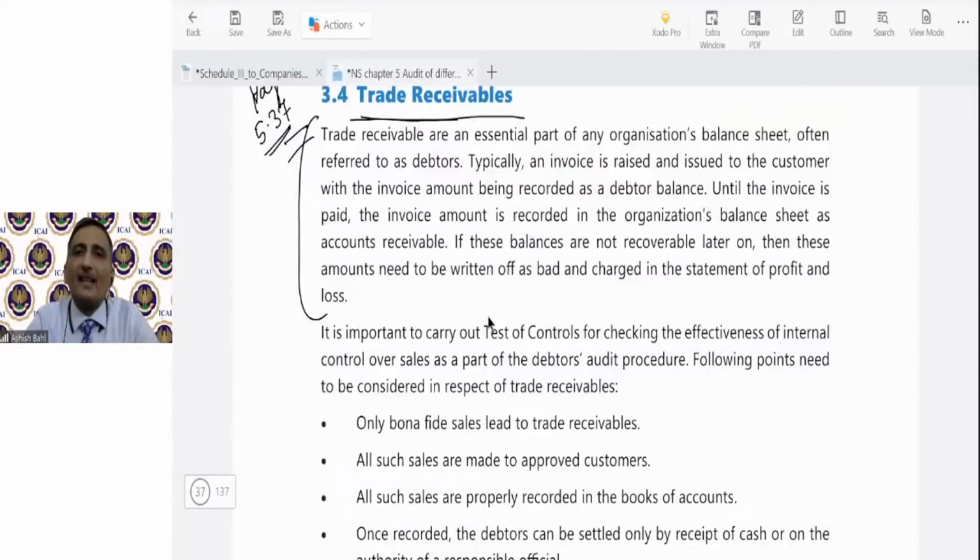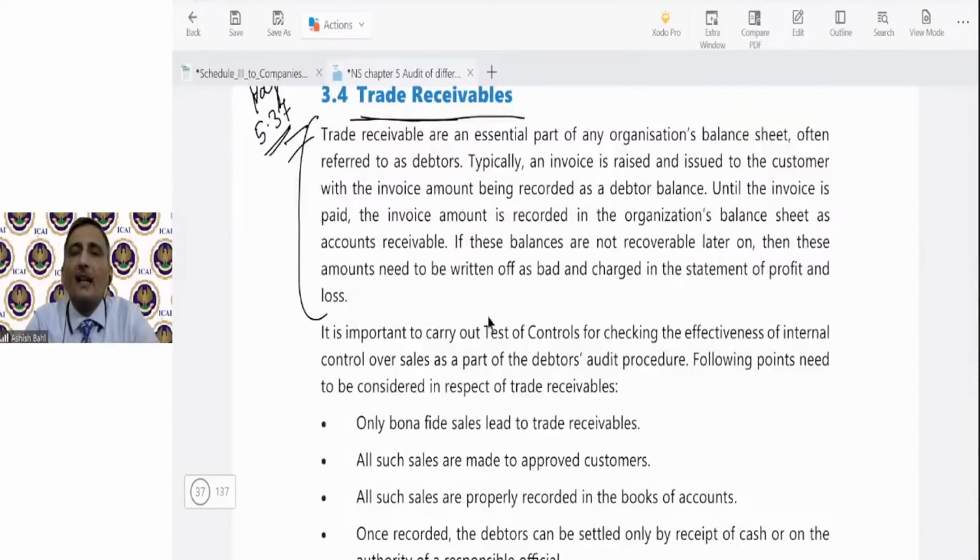When I am selling something to somebody and the payment is not received, the payment is outstanding, it results in the creation of debtors. When I am making credit sales, it results in the creation of debtors.